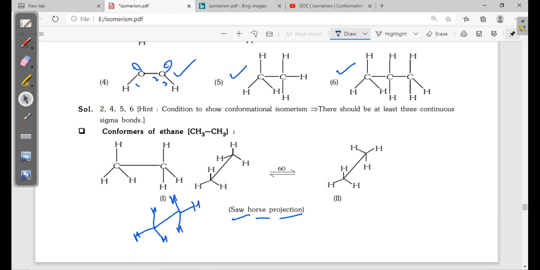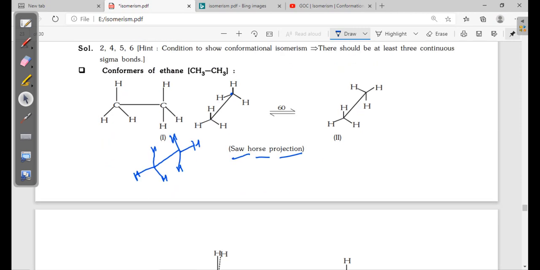Now, to explain this conformation, we have to keep one carbon stable, fixed. The other carbon should rotate slowly. For every 1 degree, every small rotation, it is giving a new conformation. So these are forming infinite conformational isomers.